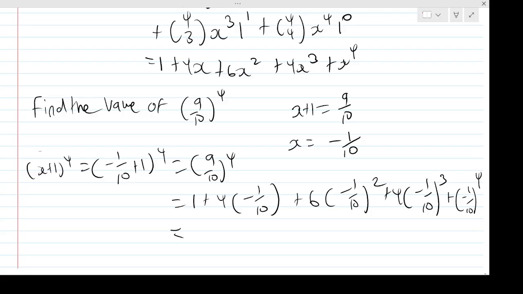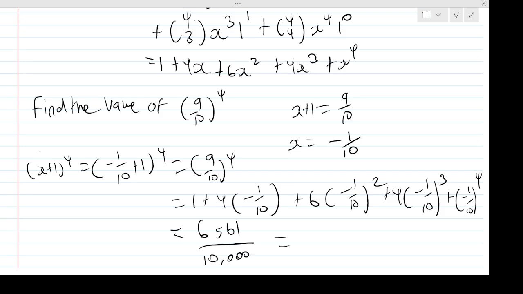If I put all that in the calculator, so 1 add 4 lots of minus a tenth, add 6 lots of minus a tenth squared, add 4 lots of minus a tenth cubed, add minus a tenth to the 4, I get 6561 over 10,000.